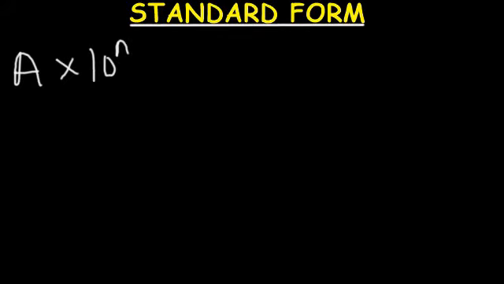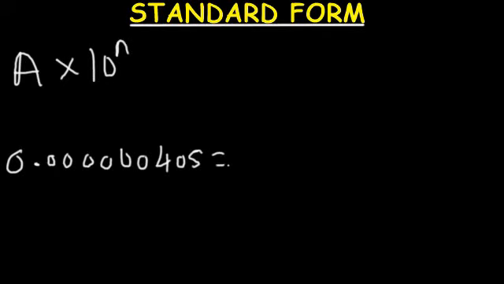So here's another example for you. I just want you to be more familiar with how to convert a particular problem into standard form. Let's check out this question: 0.0000004.05 hmm, 0.000000405. Go ahead and pause the video and work this question out.